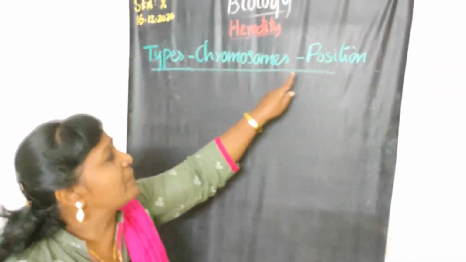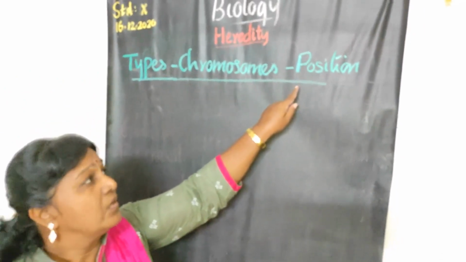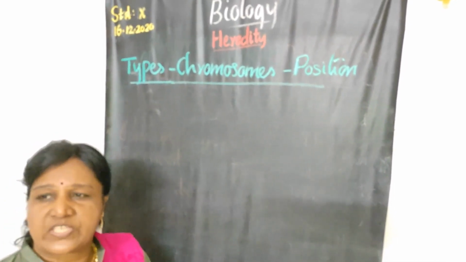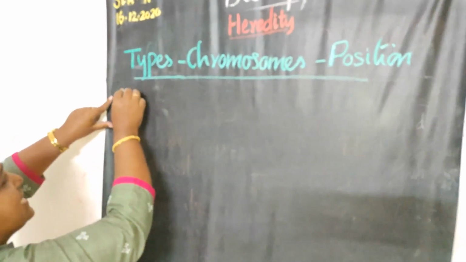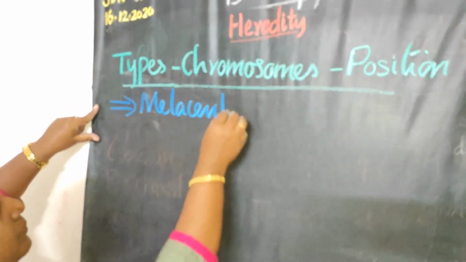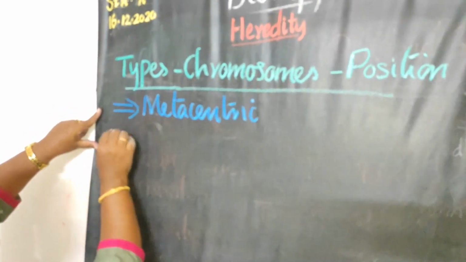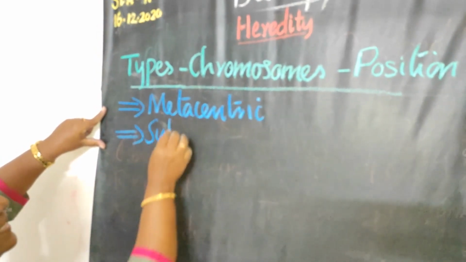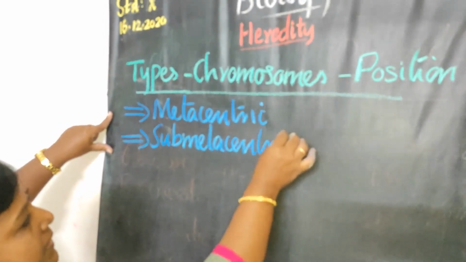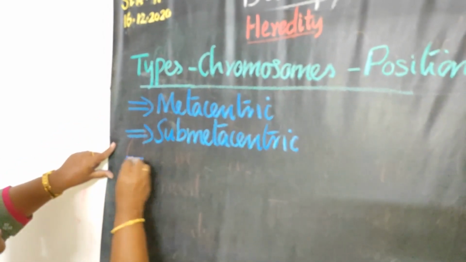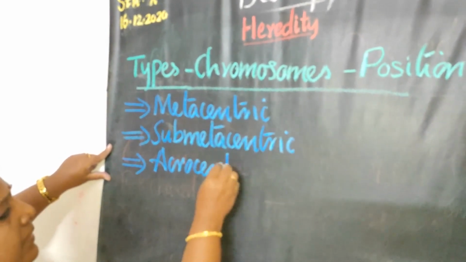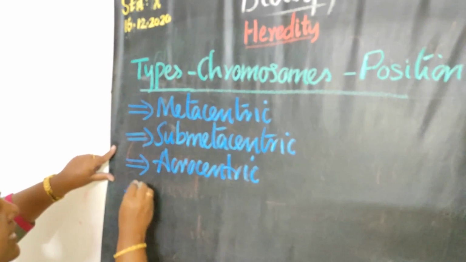Types of chromosomes based on position. Based on position, the chromosomes are classified into 4 types. They are metacentric, submetacentric, acrocentric, and telocentric.